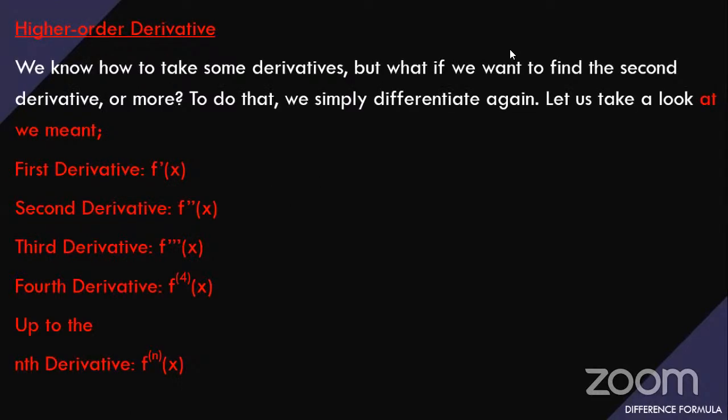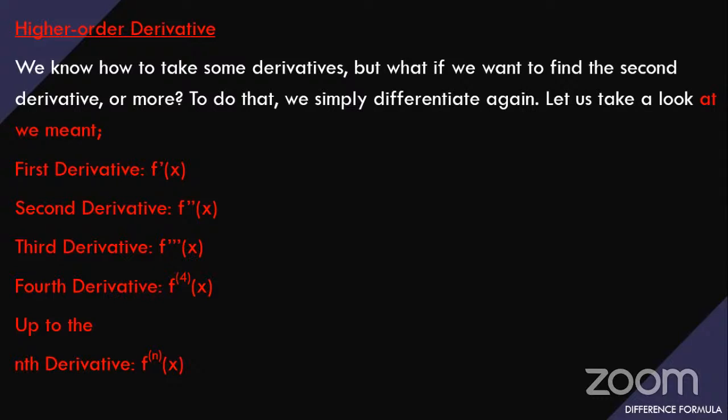So if we consider our higher order derivative, what it is telling us is that when we differentiate a function, we can differentiate that function a second time, then we differentiate that function a third time. We can also differentiate the function a fourth time, up to the nth time, for the fact that we can keep on differentiating.